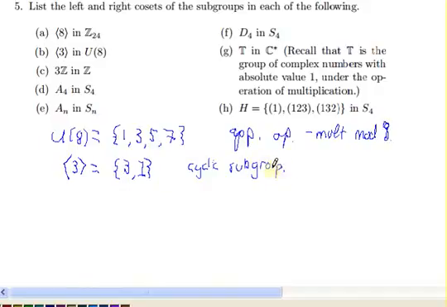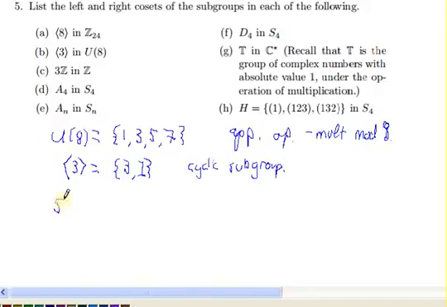Now, notice that if I take all of the elements in this cyclic subgroup and multiply by another group element, I'll get another set. For instance, let me take the element 5.